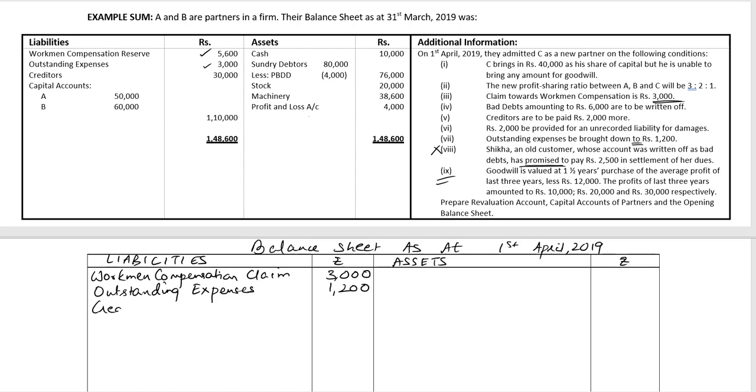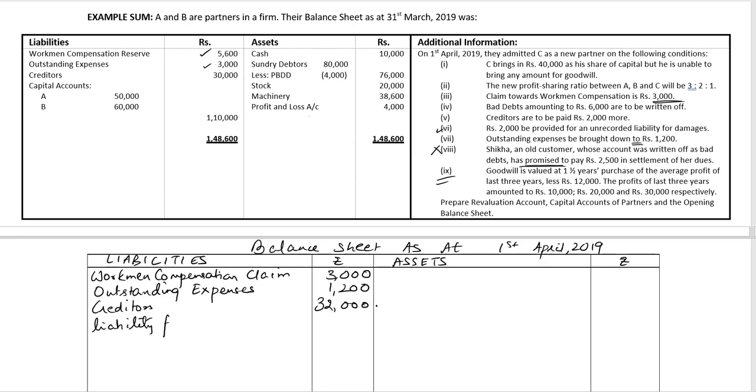Next item, creditors. As per the 5th point, creditors are to be paid rupees 2,000 more. So now it's 32,000. There's a 5th point where we have provided for an unrecorded liability. So liability for damages 2,000 rupees.